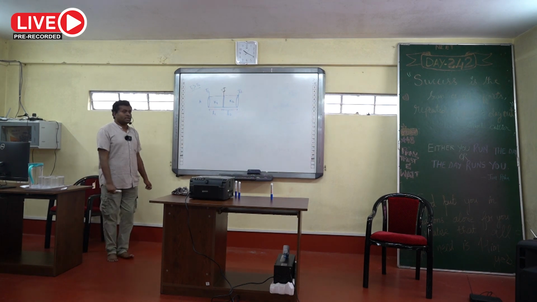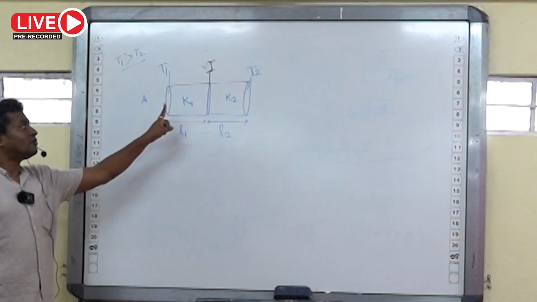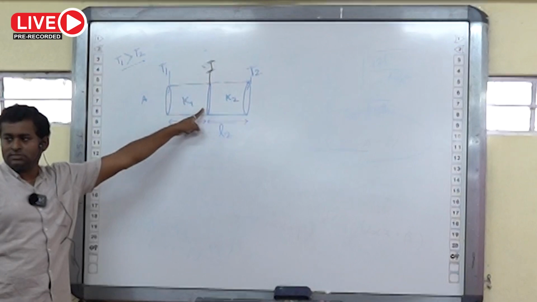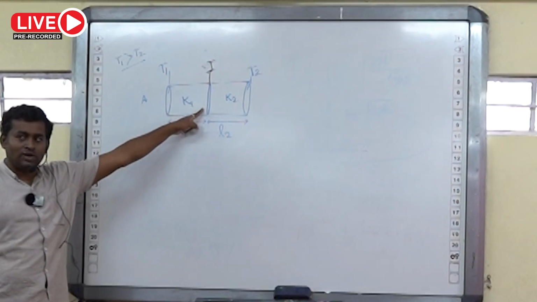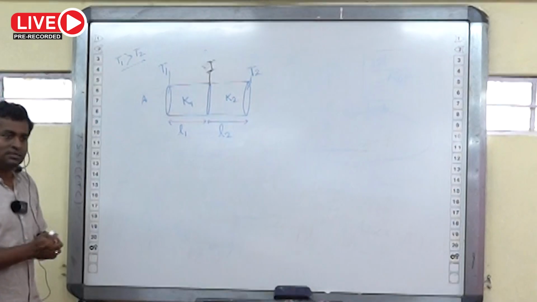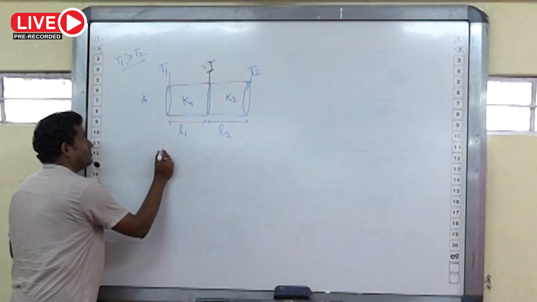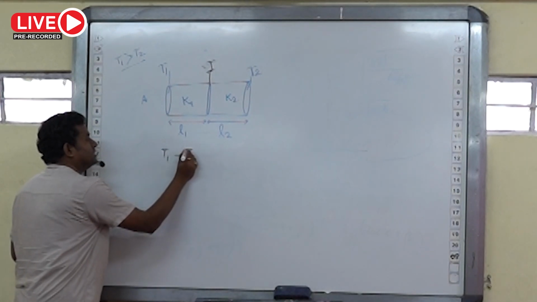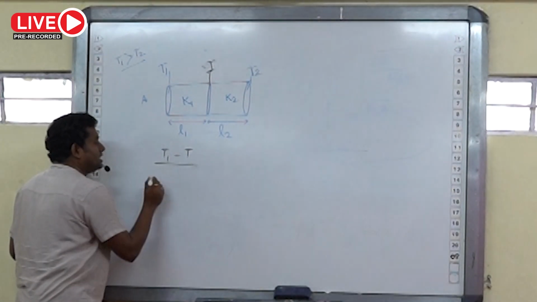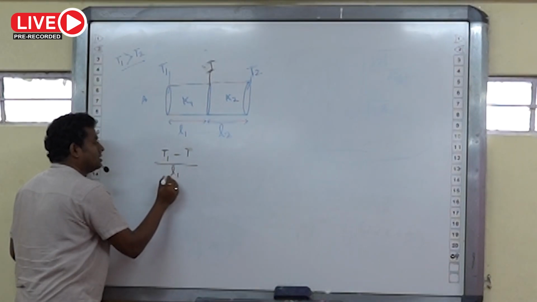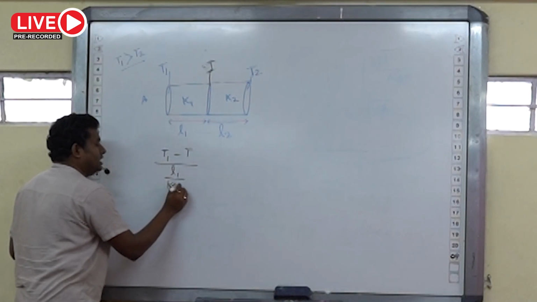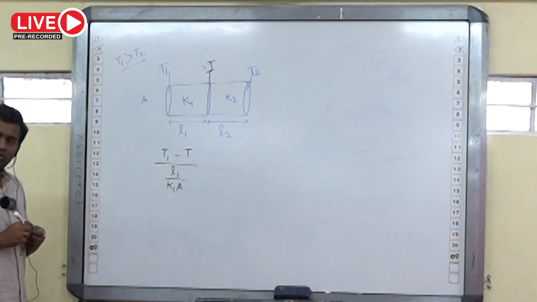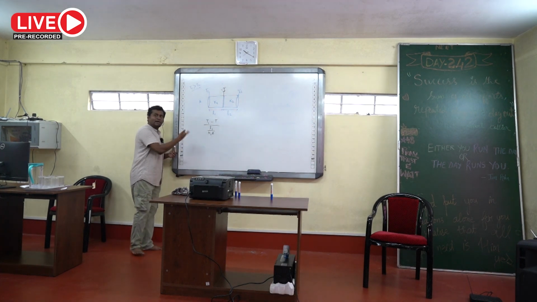Now check what is the rate of heat flow between this first junction and this intermediate portion. That we can calculate by using this formula, that (T1 minus T) divided by (L1 divided by K1A), that is the rate of heat flow, that is Q by t.